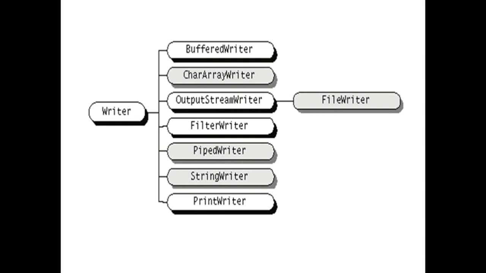A few of the classes named here are the buffered writer class, which is used for buffered output character stream. Then we have char array writer, which is the output stream that writes to a character array. And then we have output stream writer, which translates the characters to bytes.